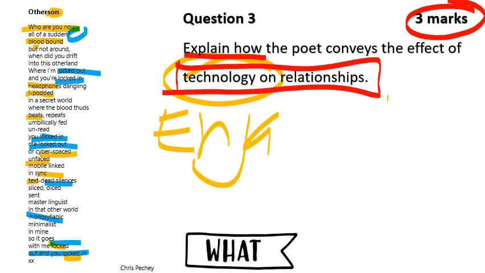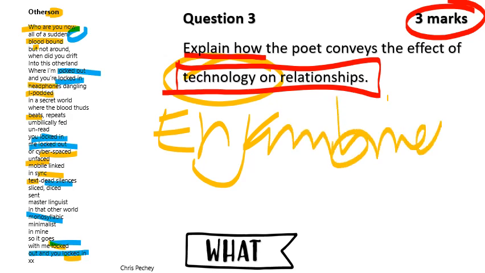The enjambment. So remember, enjambment, if you want to sound Australian, is the lack of punctuation at the end of the lines there. What's the effect? Is it suggesting the ongoing nature of the relationship, you know, with the lack of breaks and pauses at the end of the sentences? What about this symbolism at the bottom there with the two kisses?